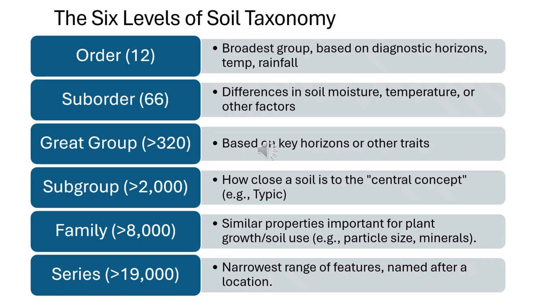Sometimes a series can even be further subdivided into phases based on management factors like slope or erosion. Think of subspecies or varieties in plants. As you can see in the diagram on the slide, we conceptually compare these levels to biological taxonomy, but it's important to remember that there's no direct correspondence between them, even though the words are the same.